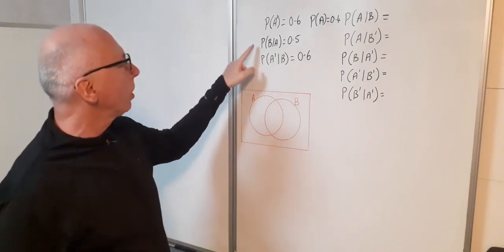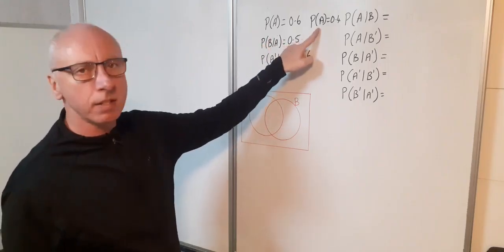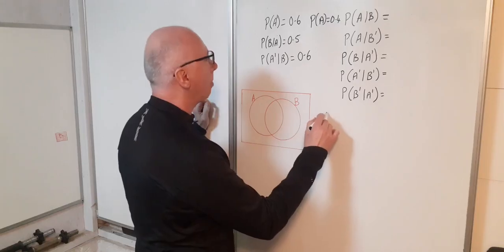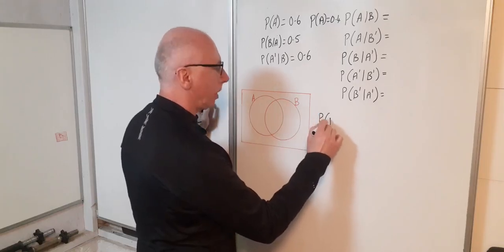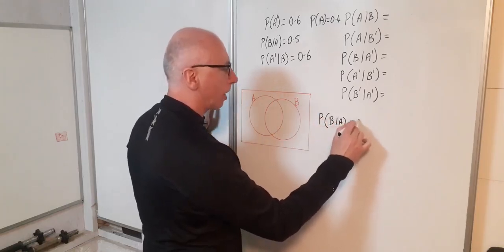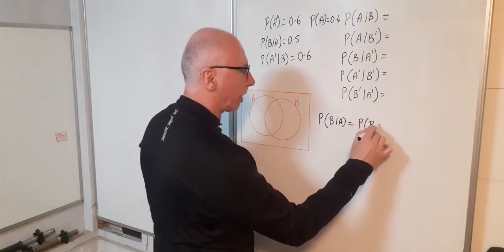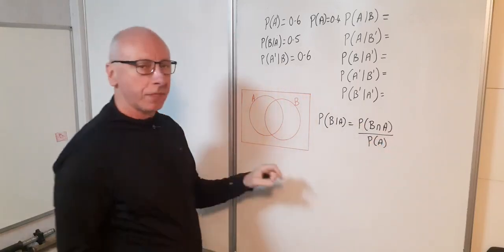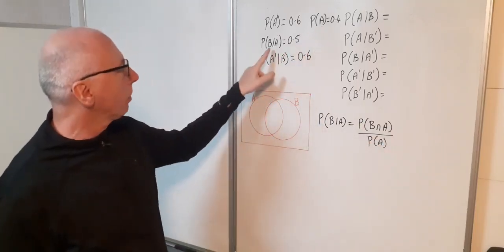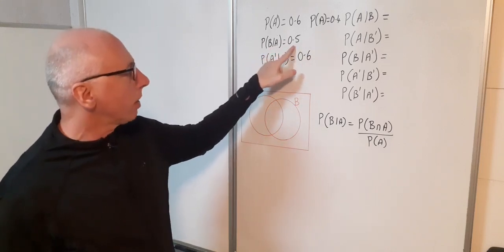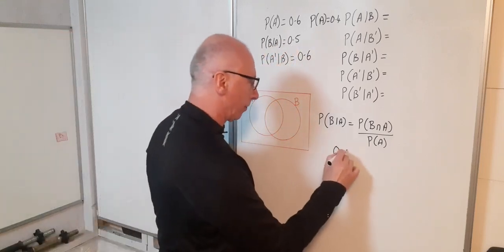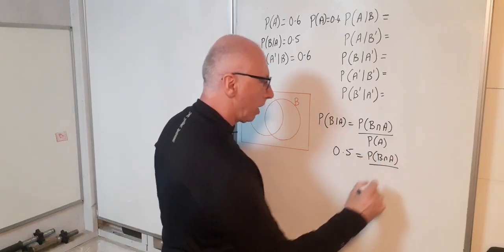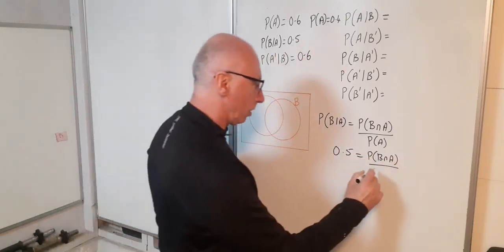So what we could do, we could use this and this to find the intersection. So the formula we can use is the probability of B given A has already happened is the probability of B intersection A over the probability of A. Now we've got probability of A, we've got the probability of B given A, so that's 0.5 equals the probability of B intersection A over 0.4.